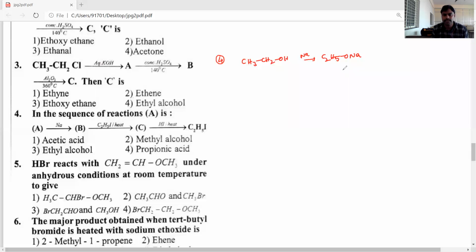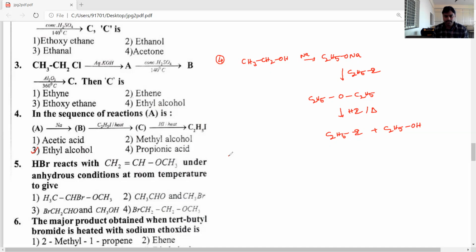This sodium ethoxide is treated with ethyl iodide, forms diethyl ether. This, being a symmetrical ether, treated with HI upon heating gives C2H5I, ethyl iodide, and ethyl alcohol. One mole of ethyl iodide and one mole of ethyl alcohol is the product. So the answer is the third option.